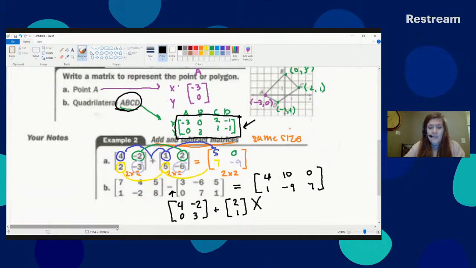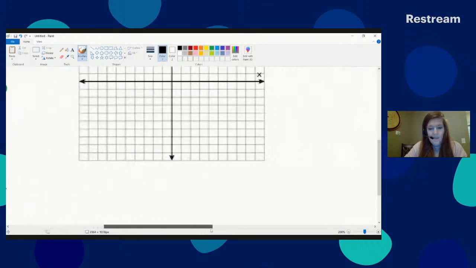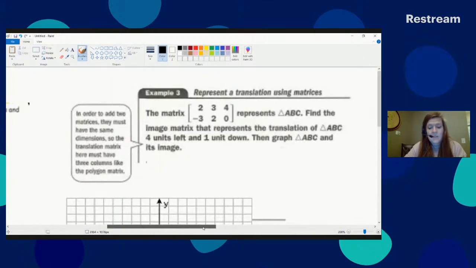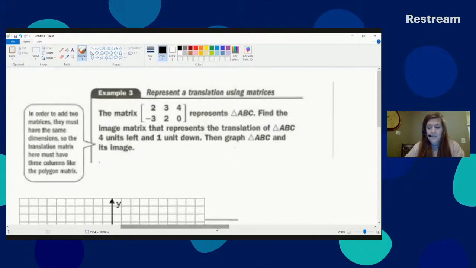Okay, now why are we learning all this fancy matrix stuff other than to get us ready for Algebra 2? Let me give you an example of how we might use a matrix, another way to use translation by using a matrix. So when you watched 9.1, you remember you had your translation notation where (x, y) translates to (x + 3, y - 2), right?